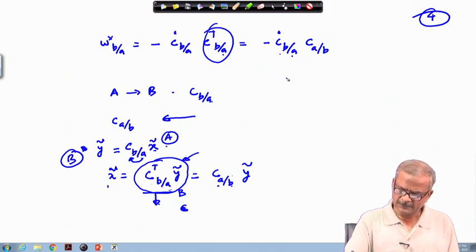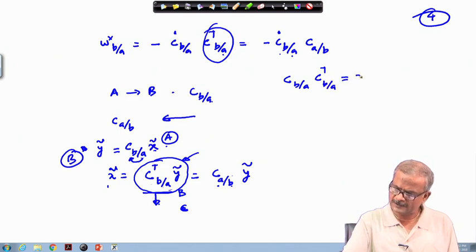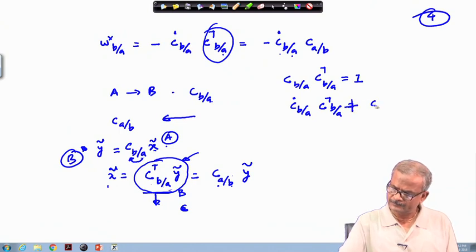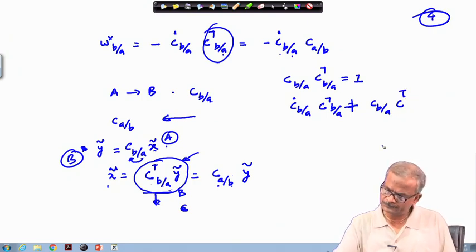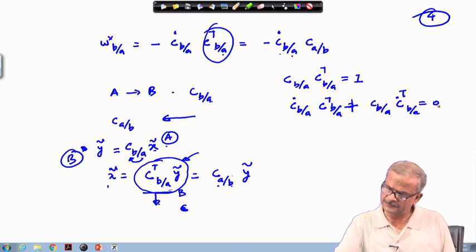Now, if you remember, C B slash A times C transpose B slash A is equal to I, and if we differentiate this, this will plus C B slash A times C dot transpose B slash A, this will be equal to 0.